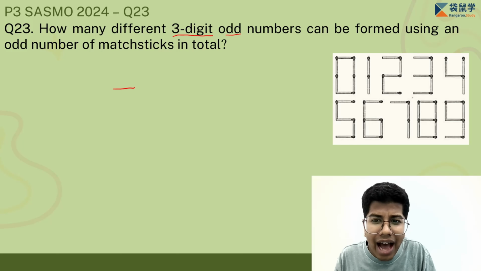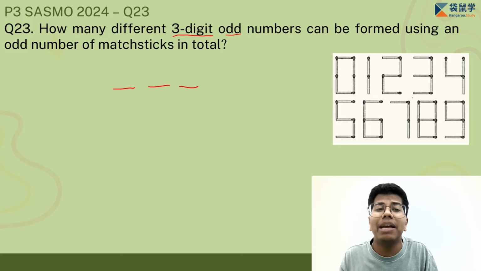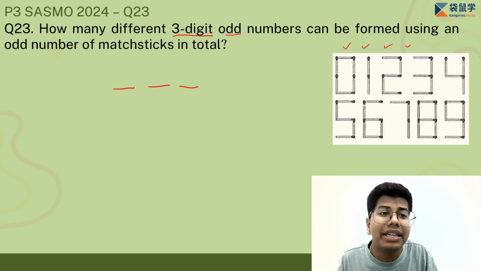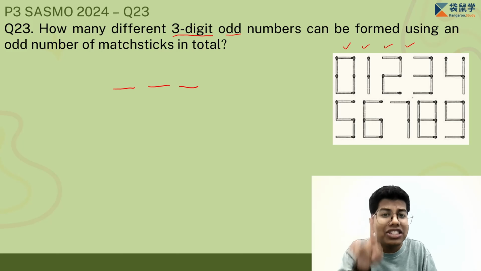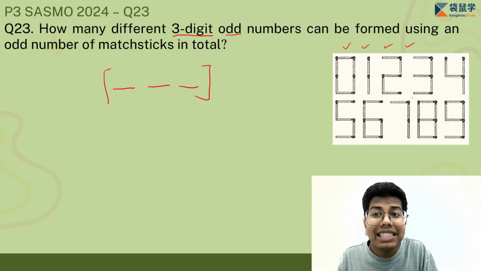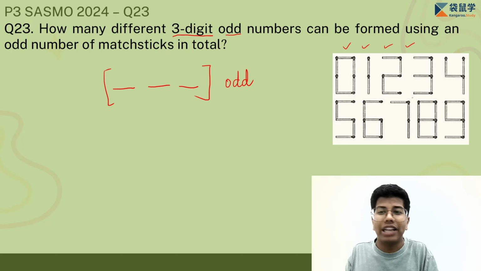So here I need to form 3-digit odd numbers, making sure the number is odd, but from the matchsticks that are present here. And after forming these 3-digit odd numbers from the matchsticks, I have to make sure the sum of the matchsticks is nothing but odd. That is what the other part is asking.